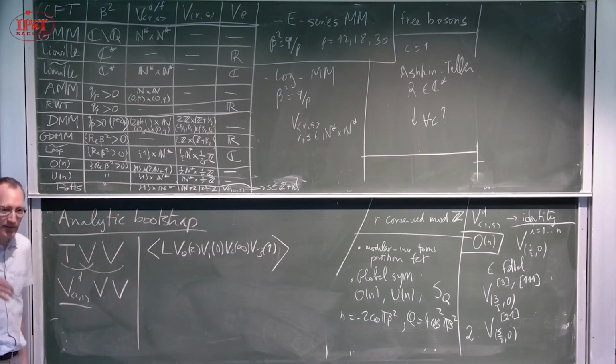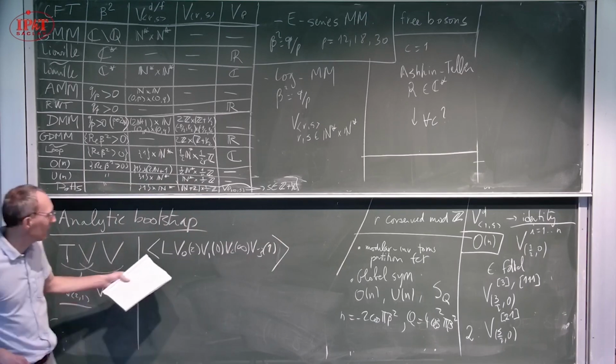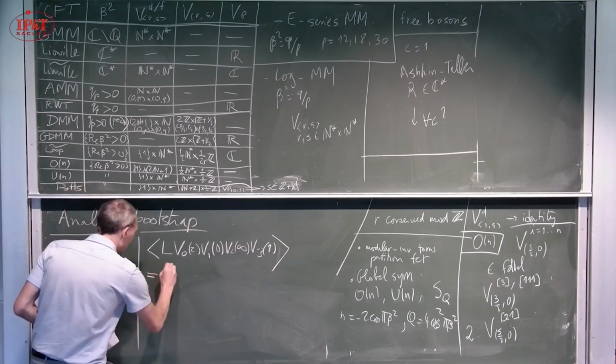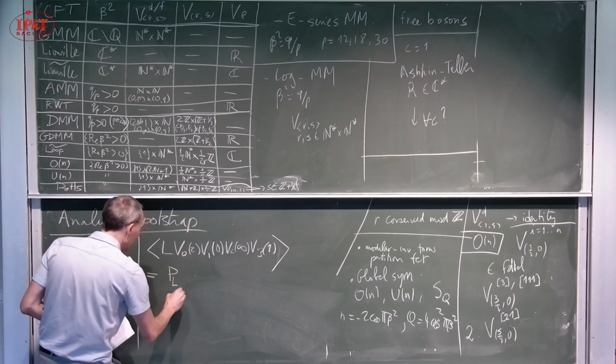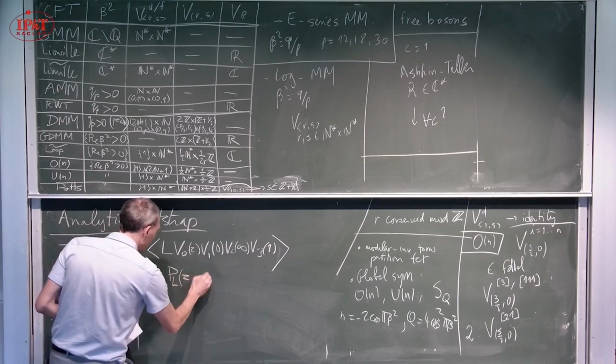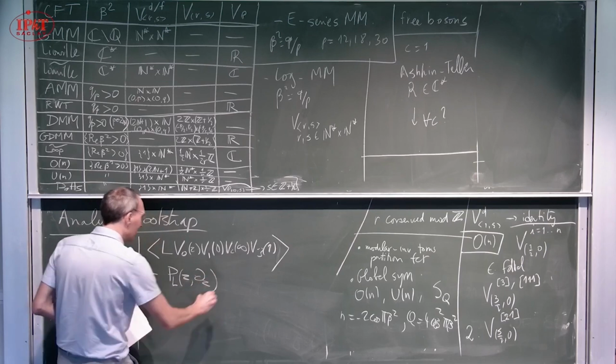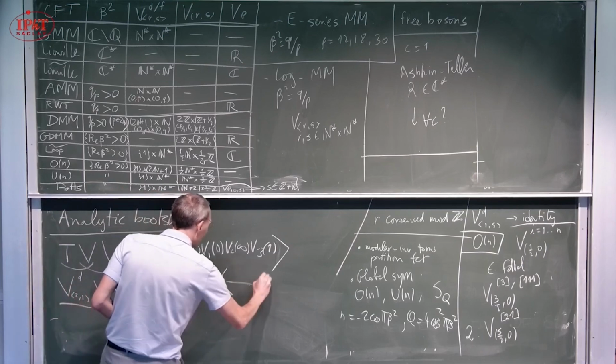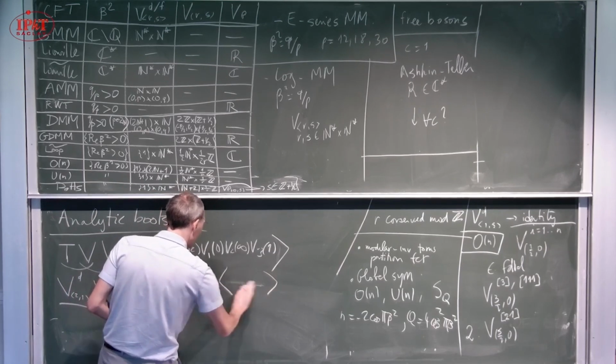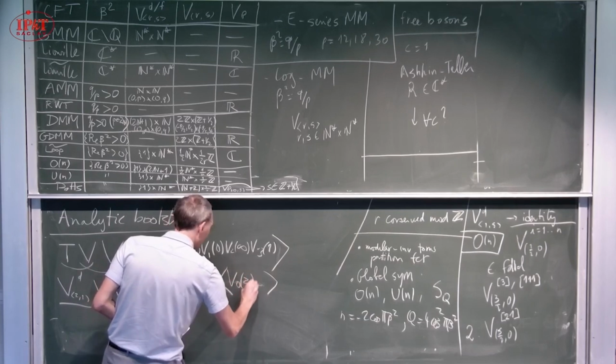And then we saw that descendants are determined by primaries. So using Ward identities, in principle, we can write this as some polynomial depending on L. In fact, a differential polynomial in z acting on my correlation function, so acting on V_0, etc.